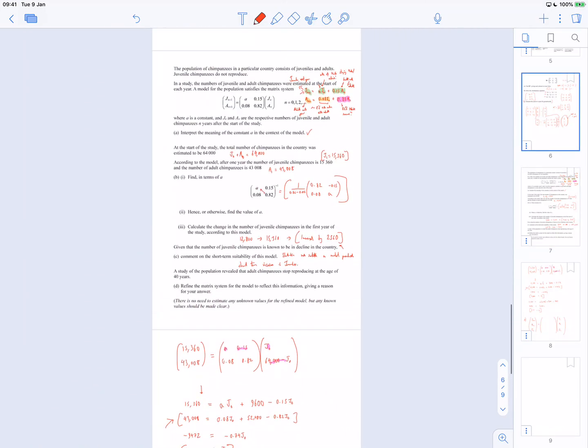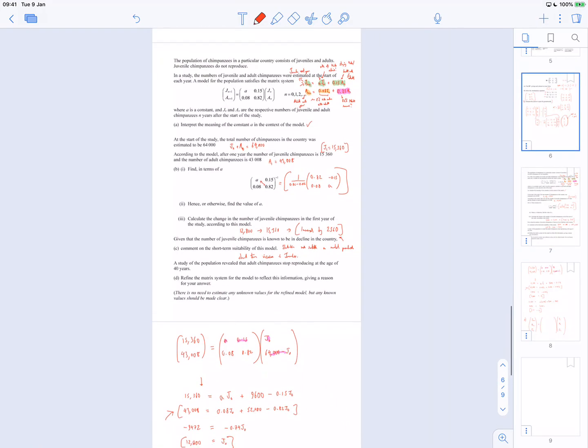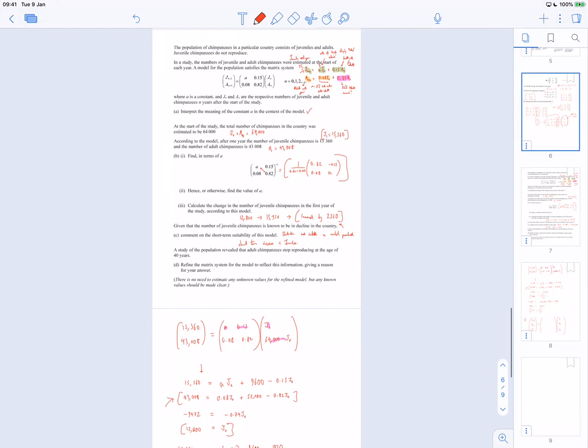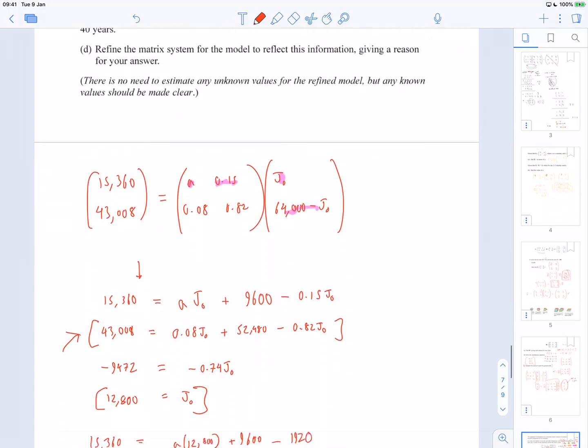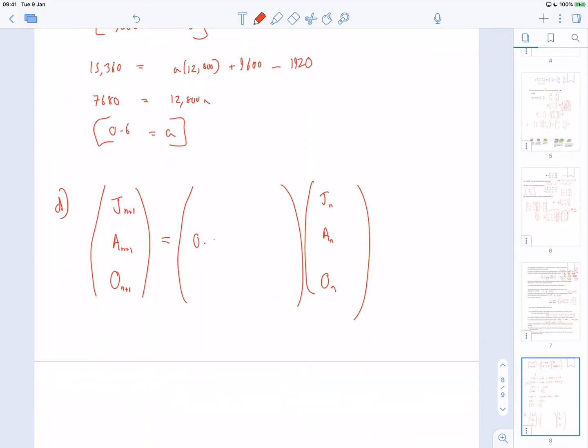Right, now what would be preserved? Well, what did we say? 0.8. Okay, I think the only thing that's going to stay true is this 0.8 of kids going into adults, isn't it? So I think this is still going to be 0.8. Well, let's think about it.